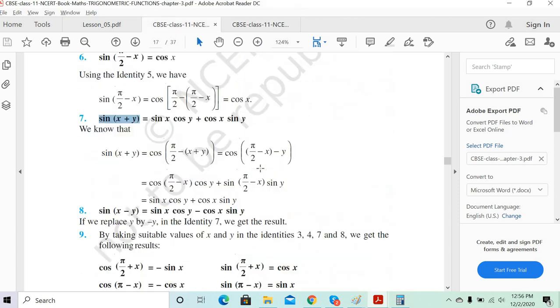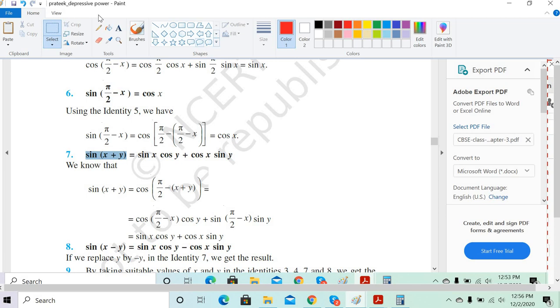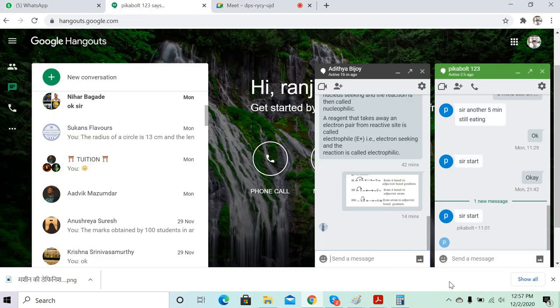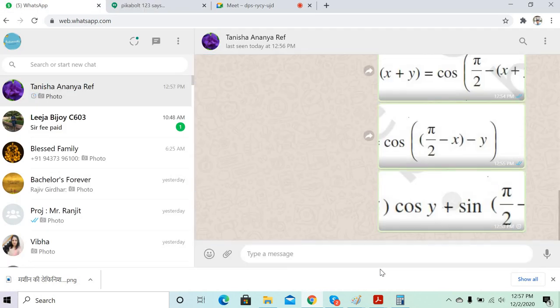So we get cos of pi by 2 minus x, cos y, and then plus sin of pi by 2 minus x, sin y. Here the a is pi by 2 minus x and b is y, correct.